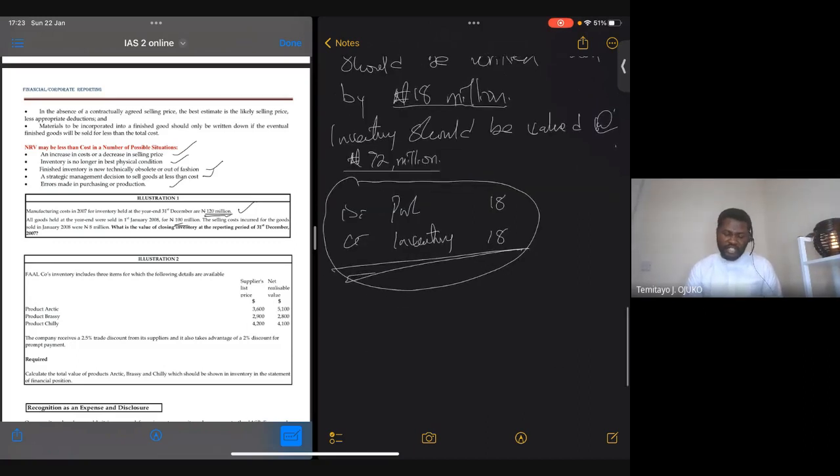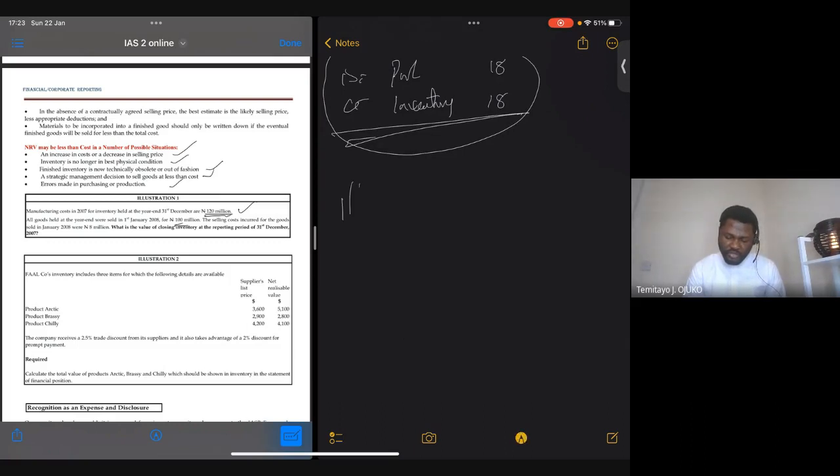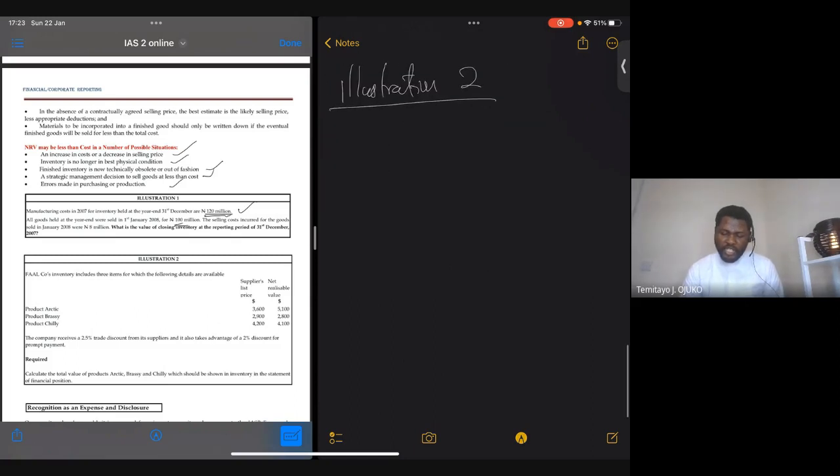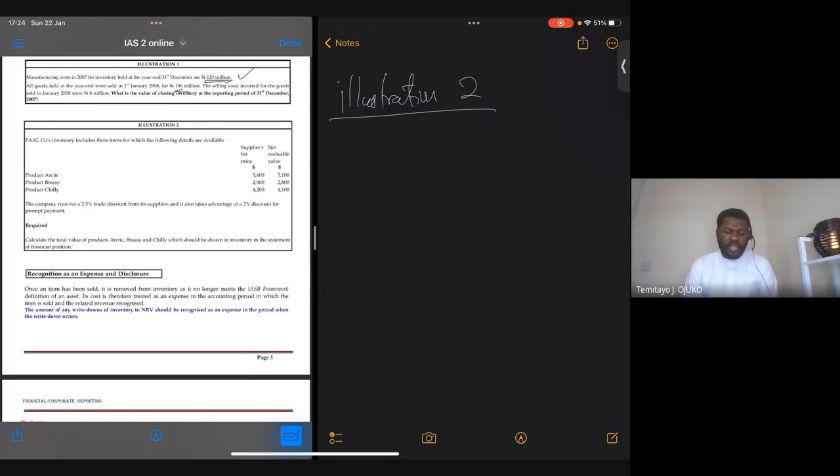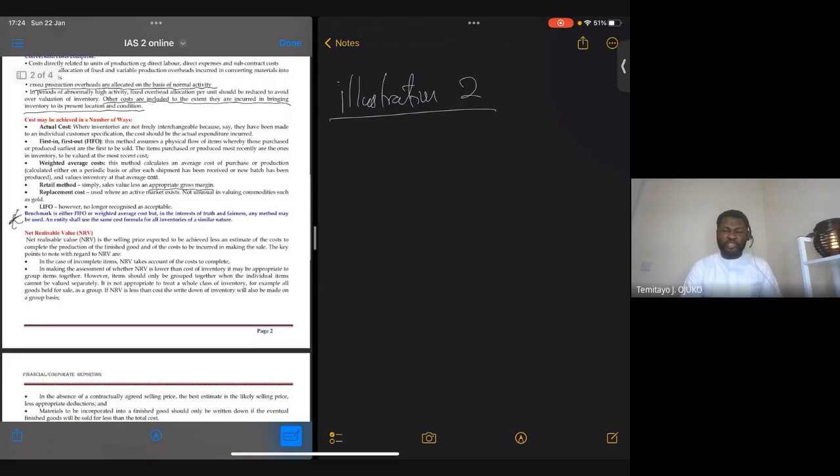That will take me straight to illustration 2. Now, illustration 2 is a bit more, not complex, but it brings about the fact that we said inventory should be the comparison of the cost and the net realizable value, and it should be done on an individual grouped basis, like actual cost of product A versus the net realizable value of product A, right?